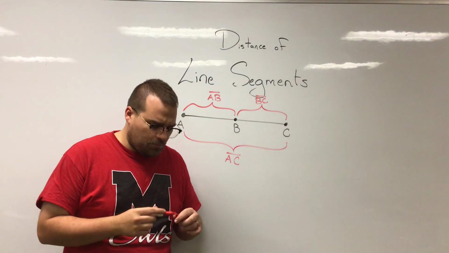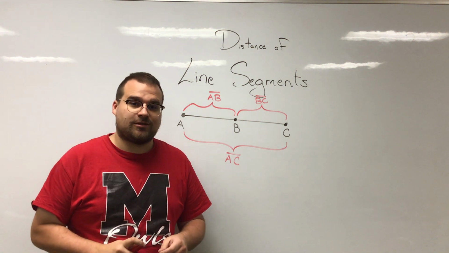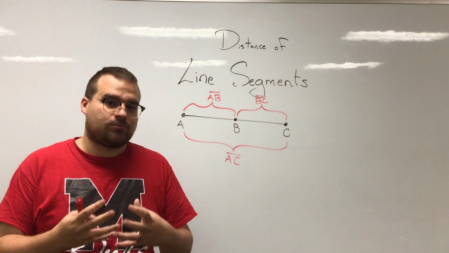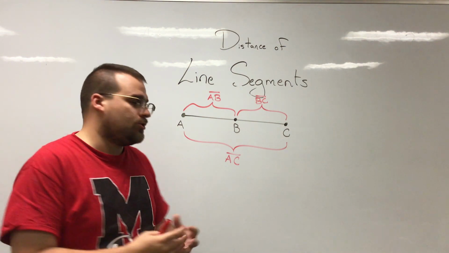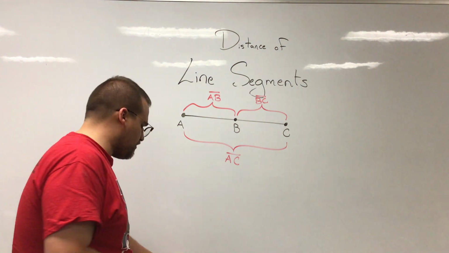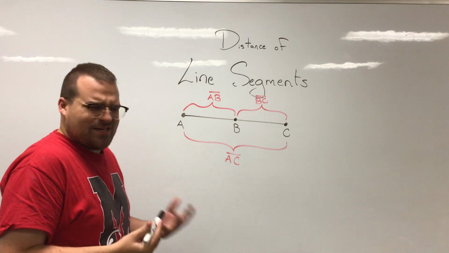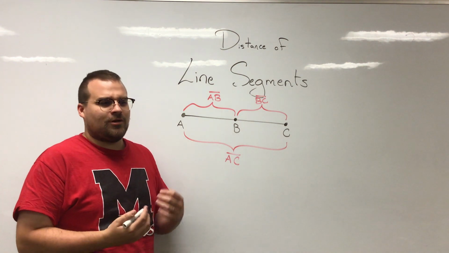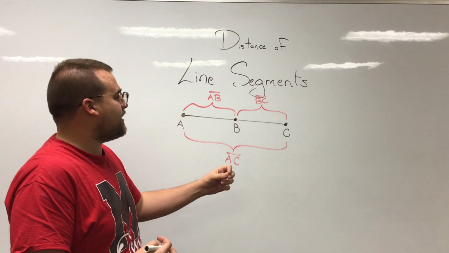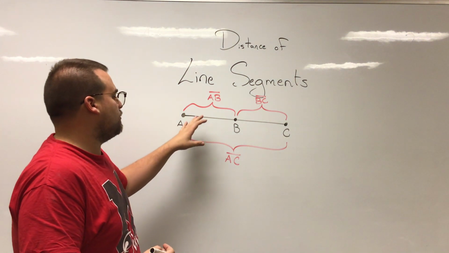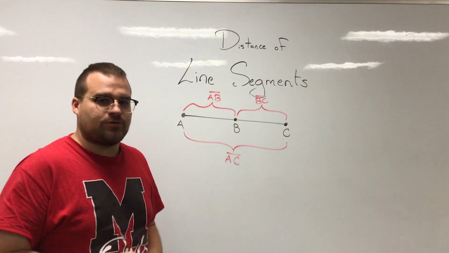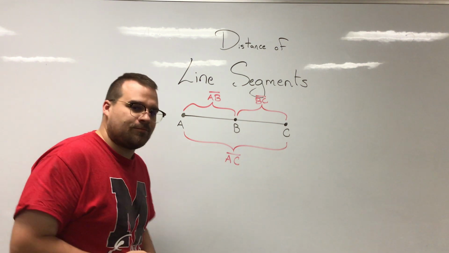Now, we can actually construct some theoretical equations using these line segments. That may sound weird, but we can quite literally write an equation based on how these line segments relate to each other. Here's what I mean.